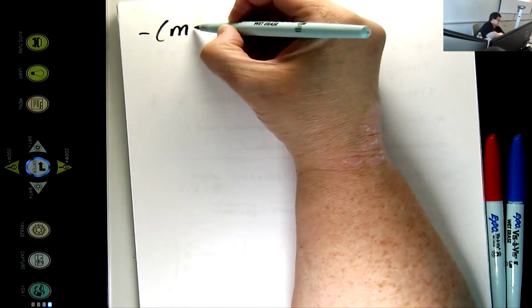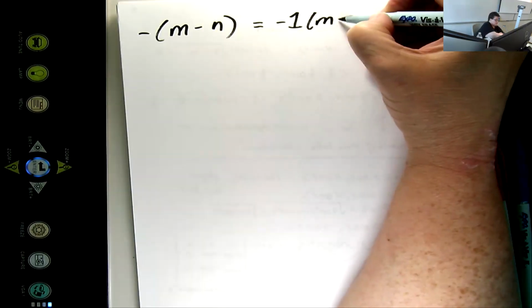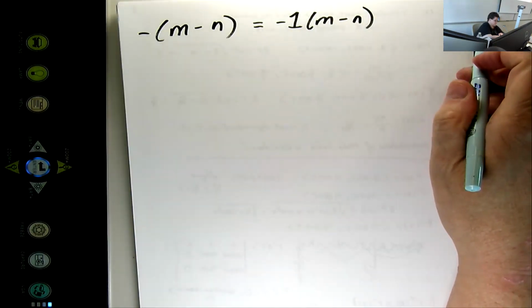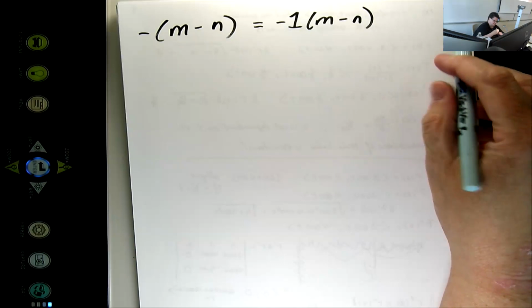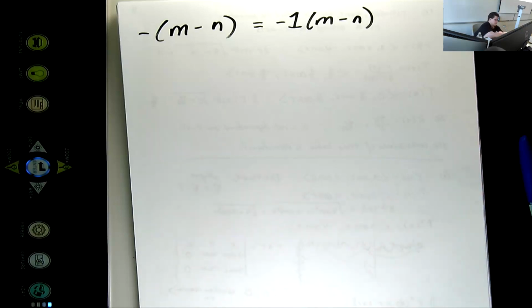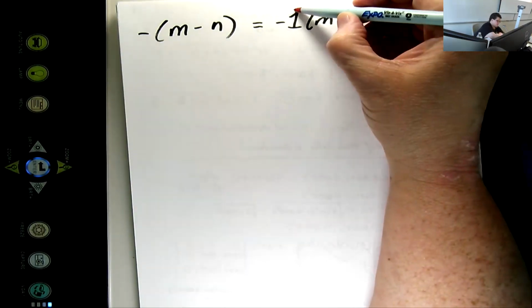Something that may not be intuitive. This is like having a -1 out front. And so we can use the distributive property.